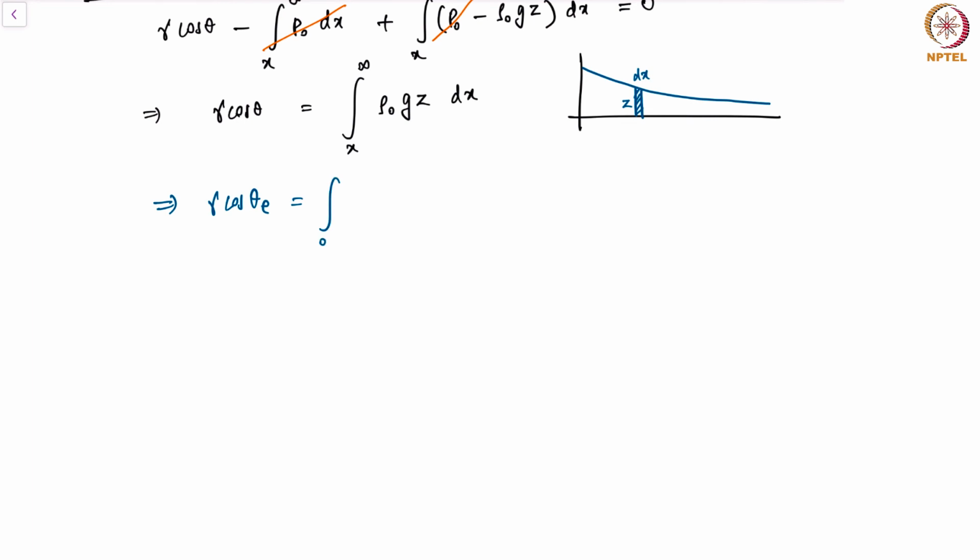Then we simply have the integral from 0 to infinity of rho naught gz dx.